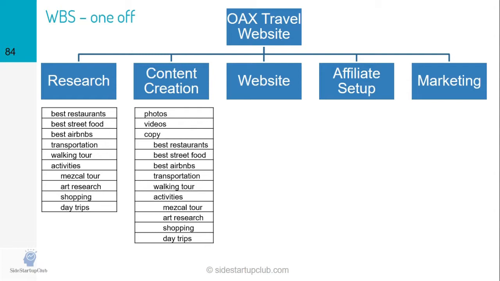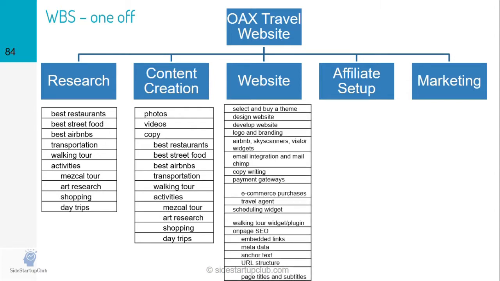So you're going to need photos of each one of those things, and maybe not videos for each one of those things, but we are going to want to create some videos. And you're going to have to do a write-up for each one of those things. So quite a bit of content creation behind this. Perhaps we can borrow a lot of that content from other sites and still be within our legal copyright boundaries.